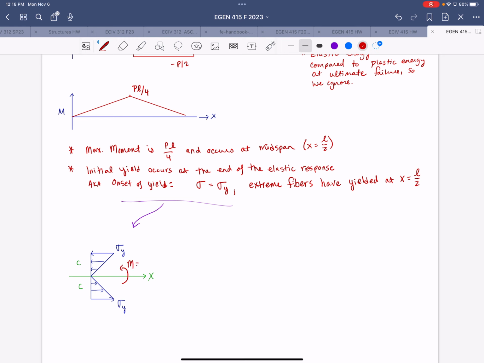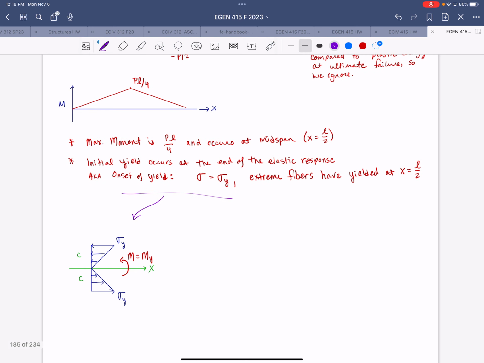So I'm going to say that M_y, to cause the extreme fibers to reach that sigma y value, we have M_y times c over moment of inertia I is going to be equal to the yield stress, right? Because c is that vertical distance to the extreme fibers in either direction.